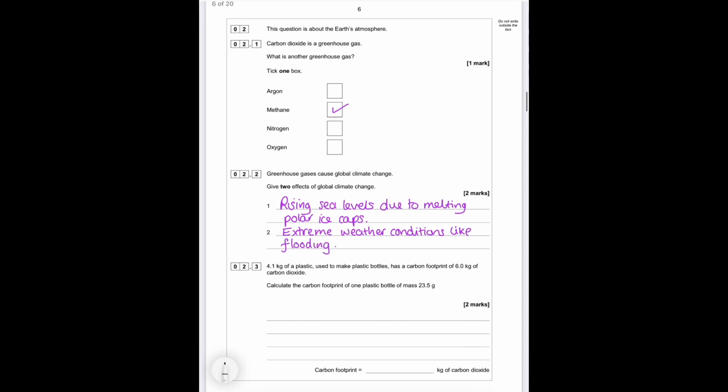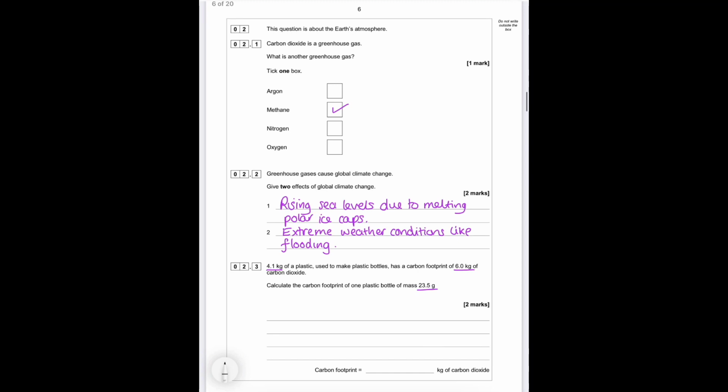Now, the next question says that 4.1 kilograms of a plastic is used to make plastic bottles and has a carbon footprint of 6 kilograms of carbon dioxide. Calculate the carbon footprint of one plastic bottle of mass 23.5 grams. So the first thing that I would do to keep everything in the same units, I would change the mass of the one plastic bottle to kilograms.